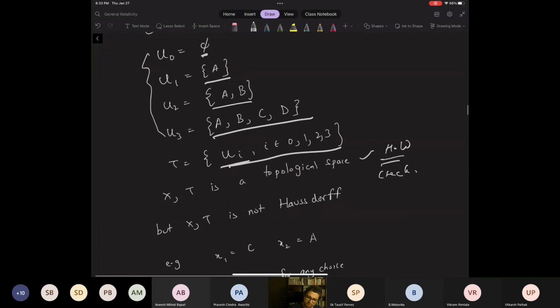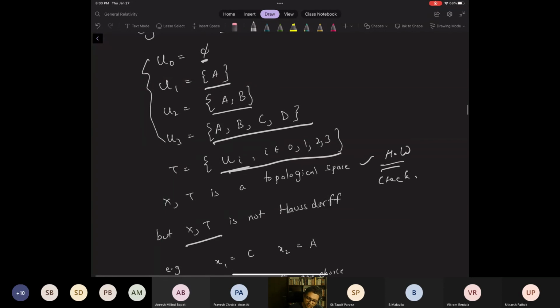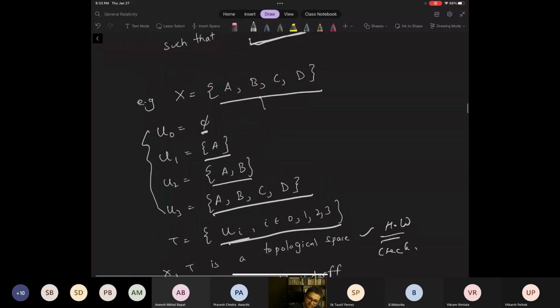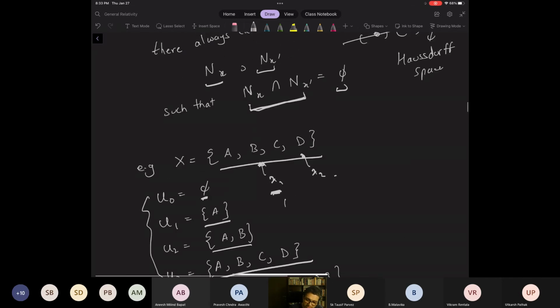But at the same time, (X, T) is not Hausdorff, because it's possible to find a neighborhood of some member of X such that, if I take an x1 belonging to X and an x2 belonging to X, it's not possible to find a neighborhood of x1 that does not intersect a neighborhood of x2.